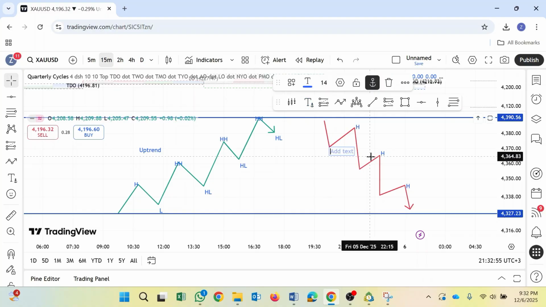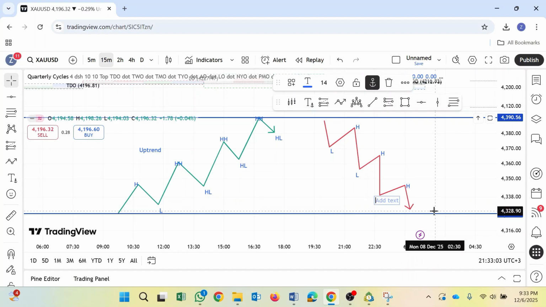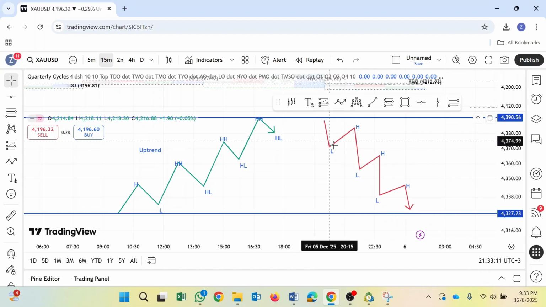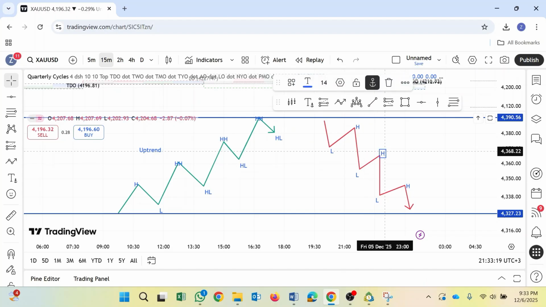This is a low here, another low down here, another low down here, and so on. Now, if I compare now the highs and the lows with each other, starting with the highs, now this high looks higher than the next high. So this can be termed as a lower high.